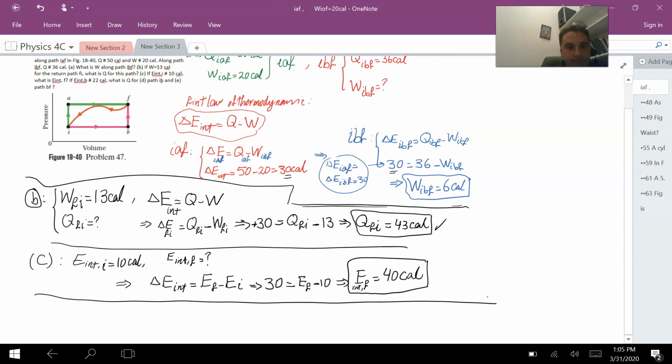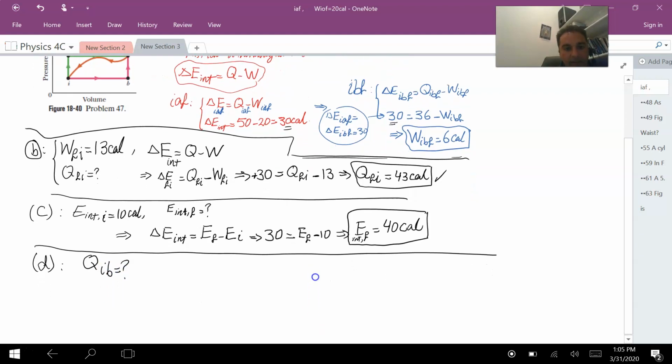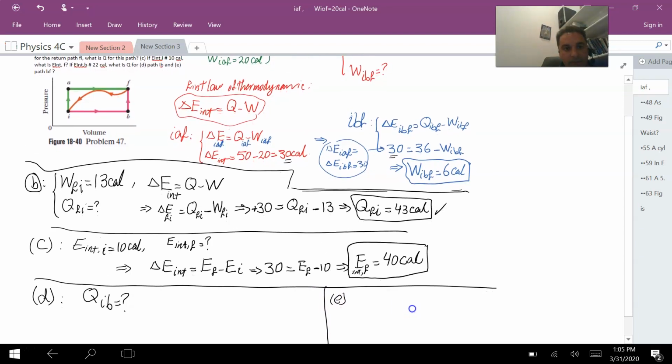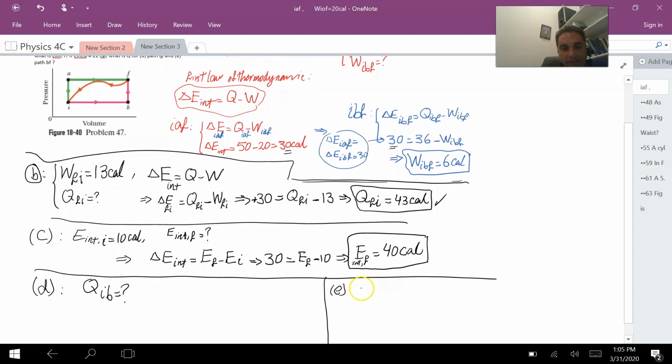A, B, C, D. It says path of IB. So they want us to find Q in the path of IB, and in part E, they want us to find the path of BF.